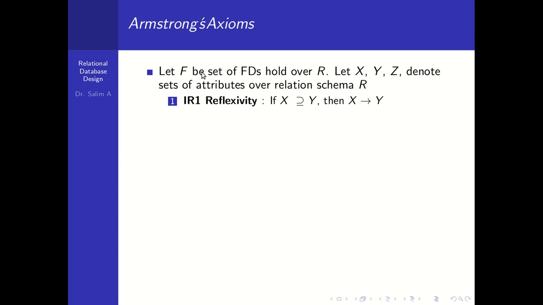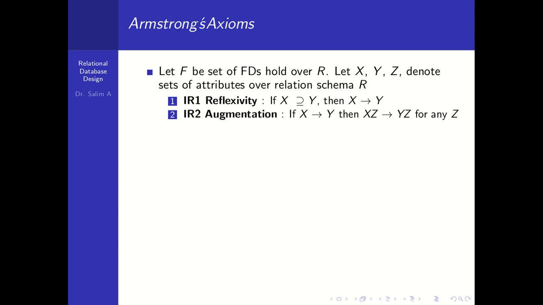These are known as Armstrong axioms. The first one is IR1, that is inference rule 1. If X is a superset of Y, X determines Y. The axiom says like this: X is a superset of Y, or Y is a subset of X, you can say X determines Y. That is the first rule, which is known as reflexivity.